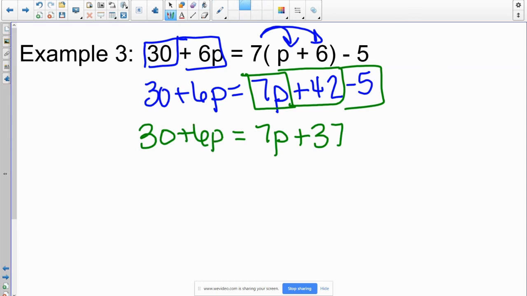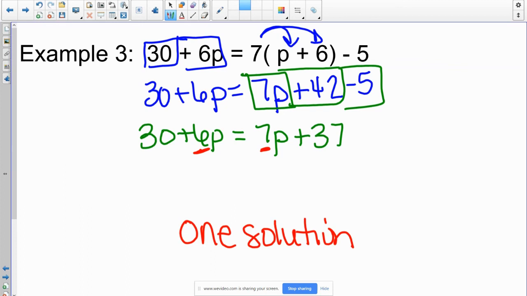Time to interpret: different coefficients. This is 6, and this is a 7. I can stop there because as soon as I see different coefficients, the only thing it can be is one solution. The reason why I know there's one solution is that I could go ahead and solve.